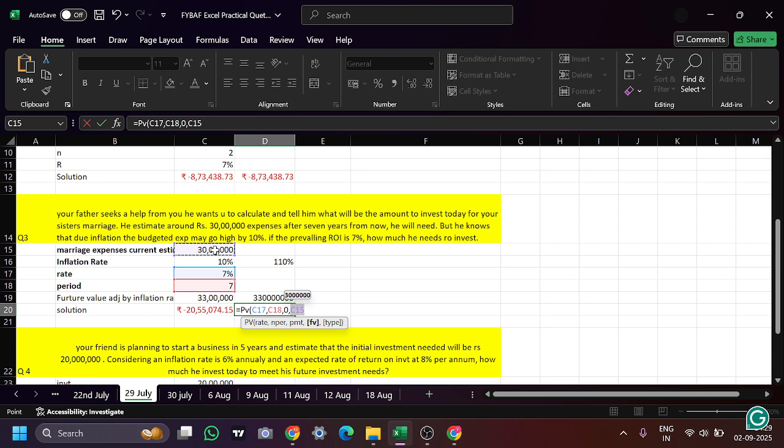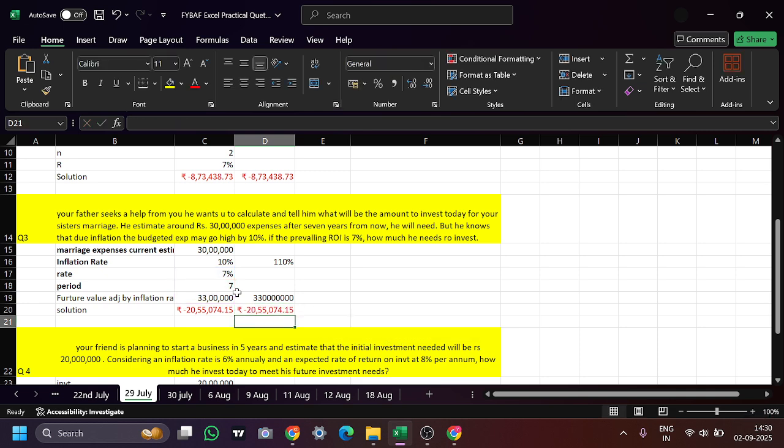Now we are not supposed to take this value, we should take this value according to the inflation rate, comma, again the type as 0. You will get the same value. Again over here, because of the inflation rate, the future adjusted value will change. So we are not supposed to take the 30,000, we should take how much? 33 lakhs. We are not supposed to take 30 lakhs, we should take 33 lakhs. Okay.